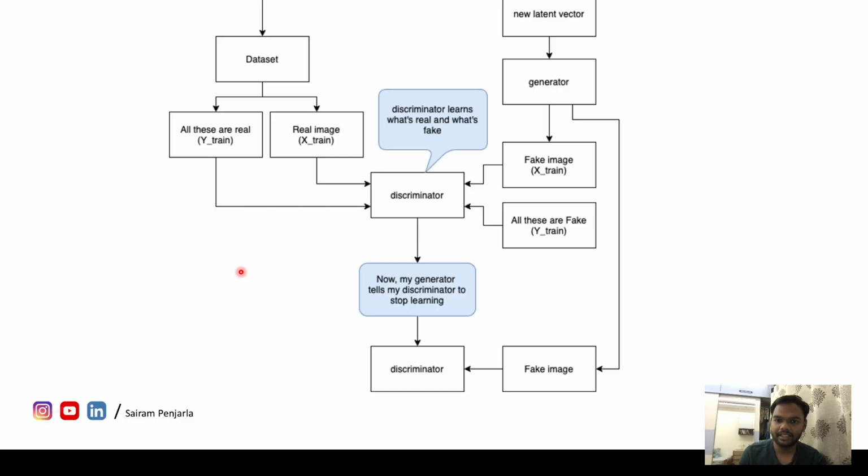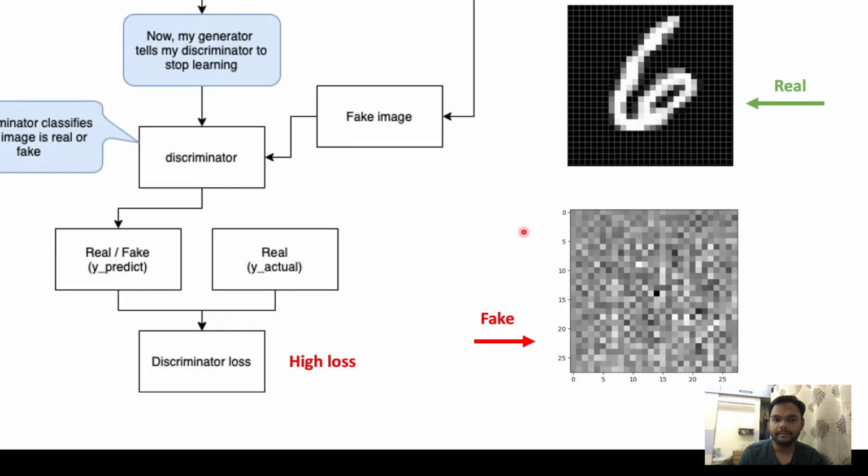Previously I was saying that all these are fake by sending a series of zeros. But at this stage I want my generator to be very smart, and to create very realistic looking outputs. For that reason, to calculate this high loss, I'm going to send my y actual as a series of ones.